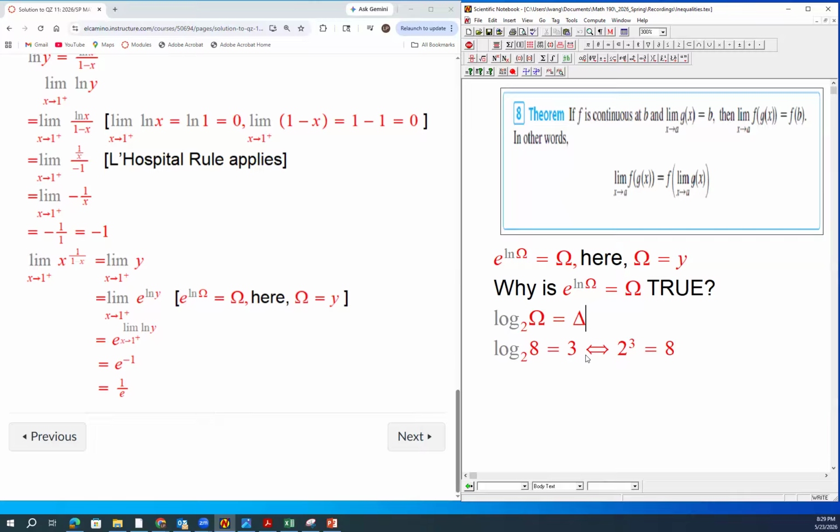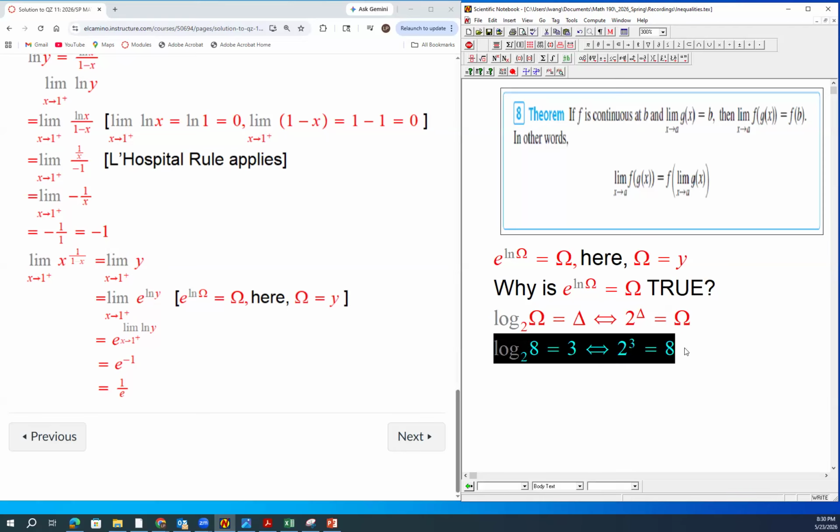By the same reason, the definition of log base 2 is that 2 to the power of triangle will equal omega.